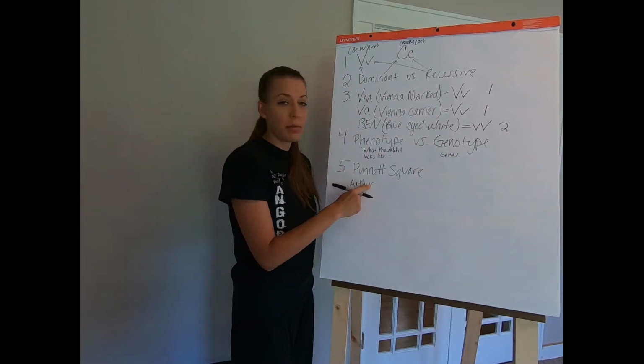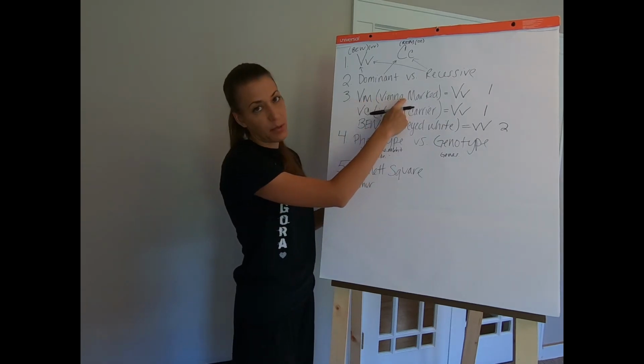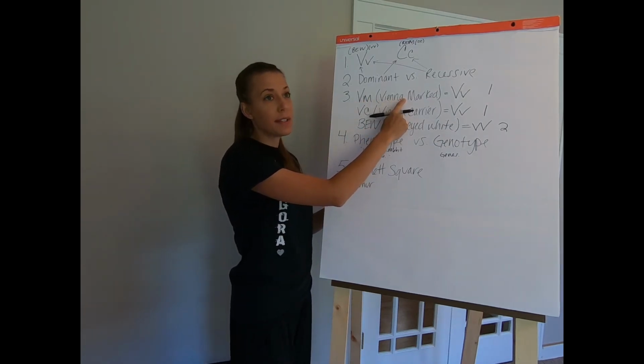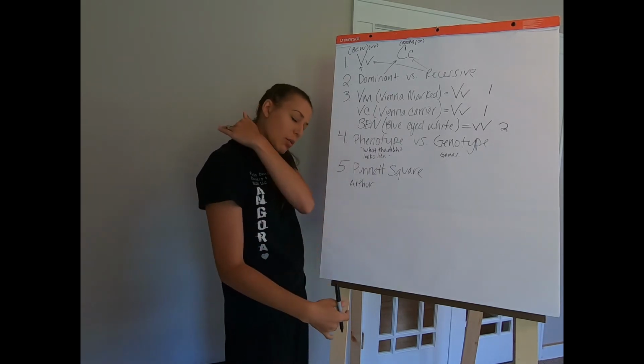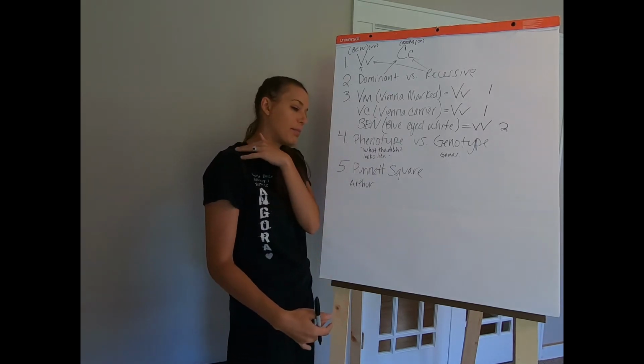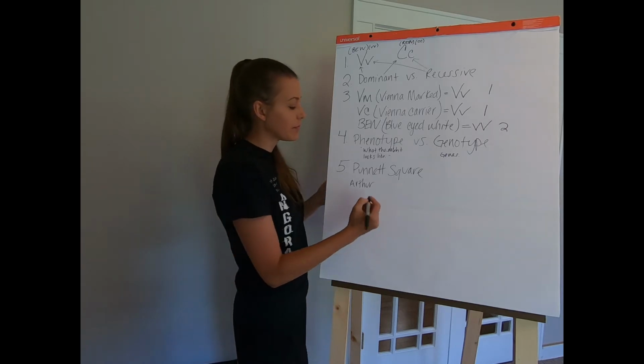My Arthur rabbit is a Vienna marked buck. This means he has the markings of the white blaze, and he has a little bit of white on his paws and some white on his upper shoulder area.